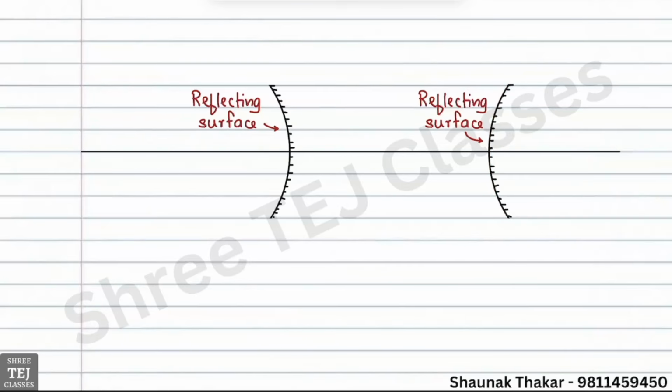The mirror whose reflecting surface is curved inwards is known as a concave mirror, and the mirror whose reflecting surface is bulged outwards is known as a convex mirror. So if it is curved inwards, it is called a concave mirror, and if it is curved outwards, it is called a convex mirror.